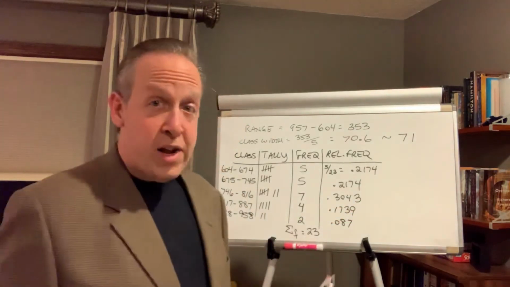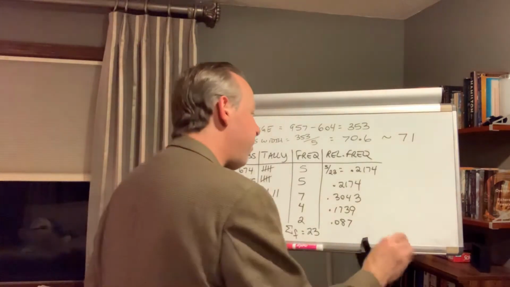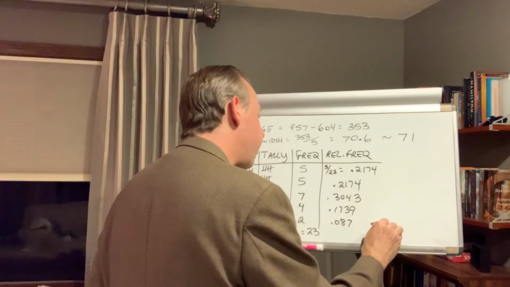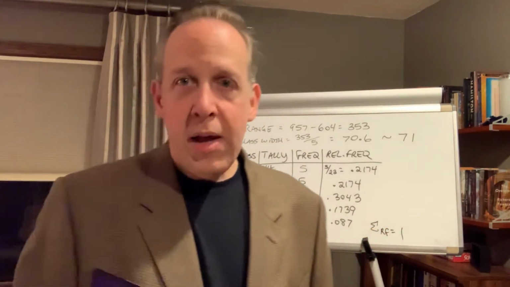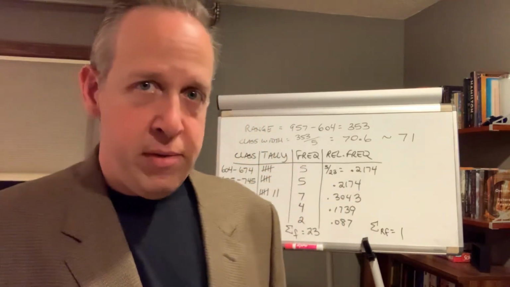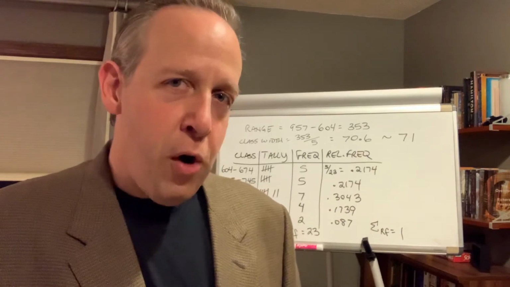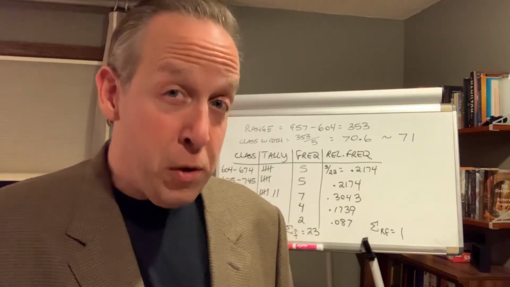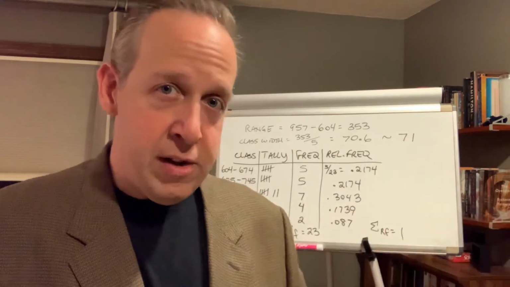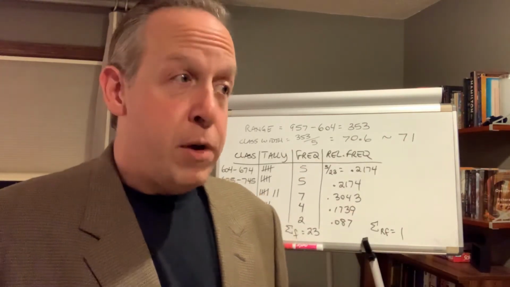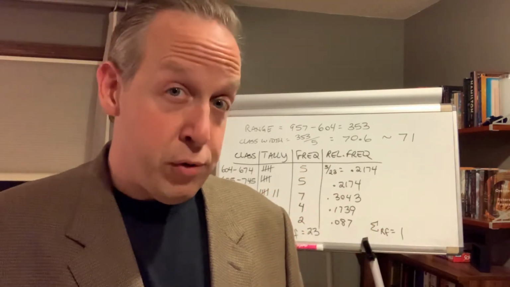I also said it's a good idea to add up all of your relative frequencies to see if you have something that is acceptable. If I add up all of my relative frequencies here, it's actually a perfect 1. 1 means 100%, so we've counted 100% of our data, which is our goal. If it is off by anything, it should be off by no more than a place value of 1 in the furthest decimal place you went to, because we're always going to strive for 4 decimal places unless it rounds earlier.